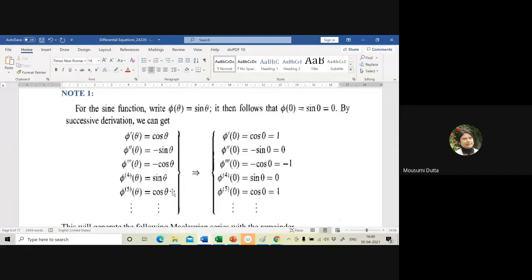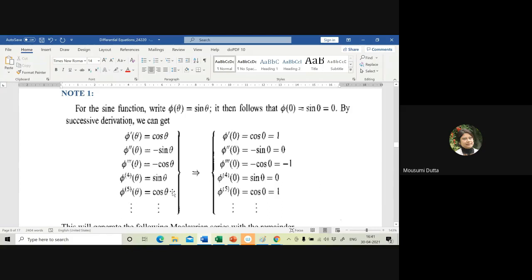So far we talked about the linear function. It can be a quadratic function, it can be a cubic function. Now, if I use trigonometry, this function can be the sine function, like any other function.